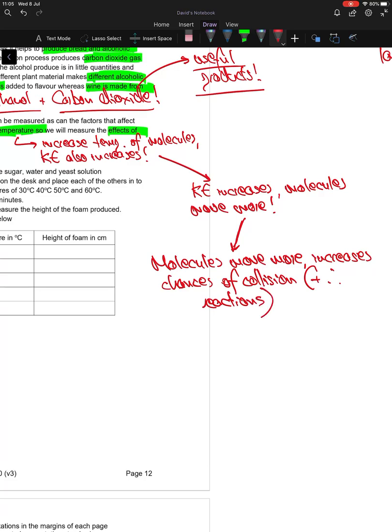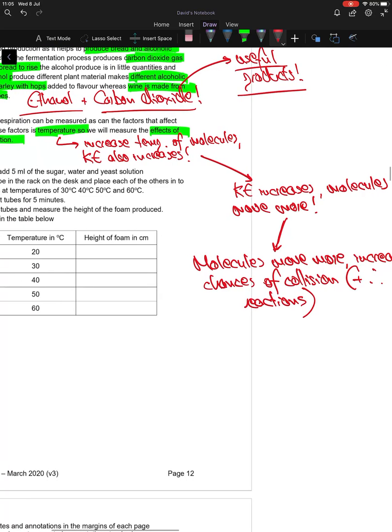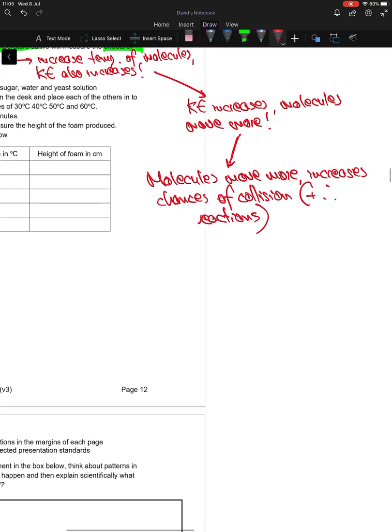So if you're increasing the chances of collisions, what do you think is going to happen to the rate of respiration? So the rate, or the speed, of respiration: if there are more collisions between molecules involved, more frequently, the rate of respiration is going to go up.